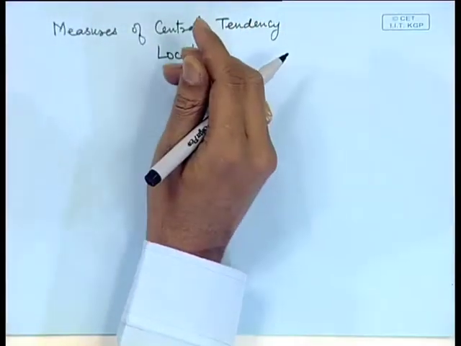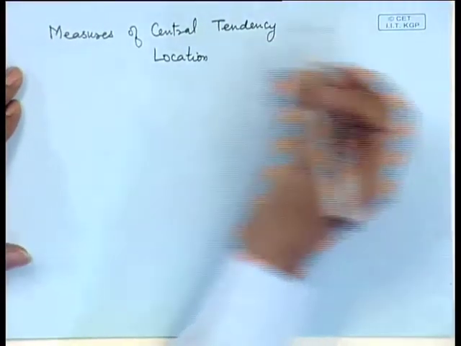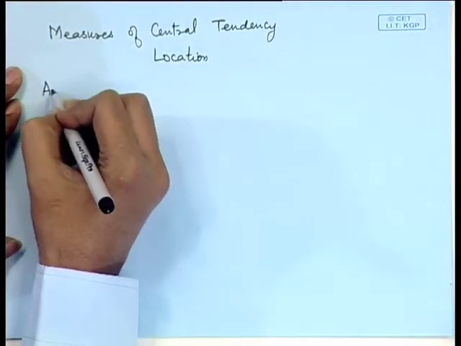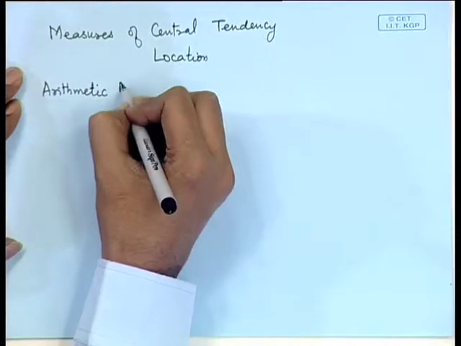These are known as measures of central tendency or measures of location, and there are methods of calculating them. Here we will give examples. The first one is an average. The easiest of the averages is the arithmetic mean.